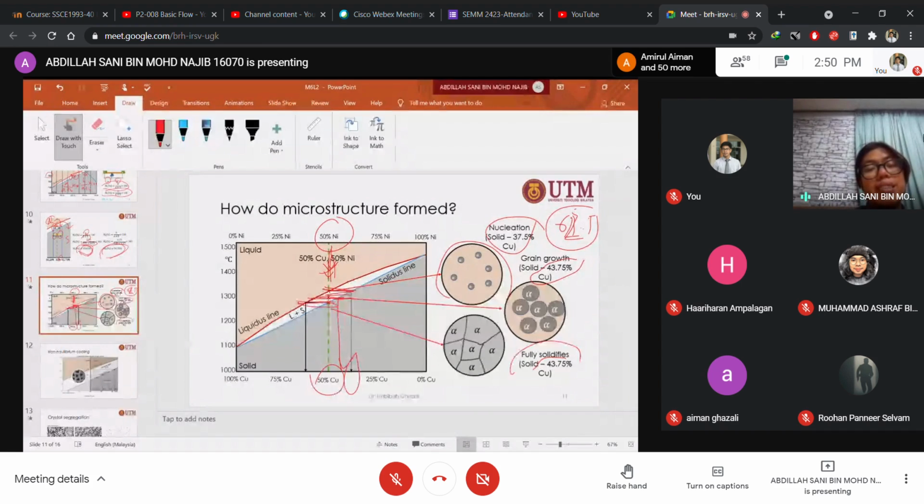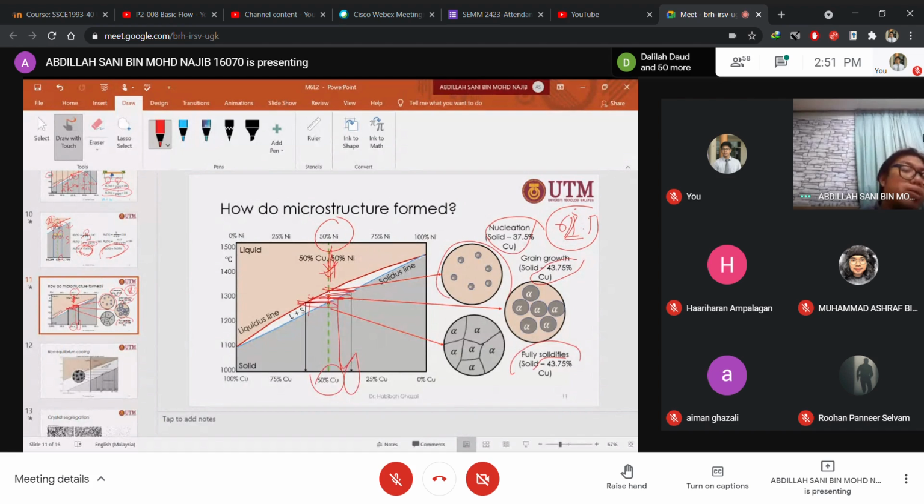So you get the copper content is different. Okay, sorry. Yes. So you get a different composition for different temperature. Okay, you get the different composition for different temperature.